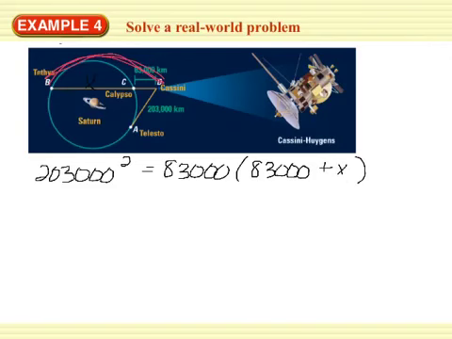Because we don't know that. Oh, goodness. I would keep everything in your calculator so you don't have to write down those huge numbers. 203,000 squared is 4.1209 times 10 to the 10th.